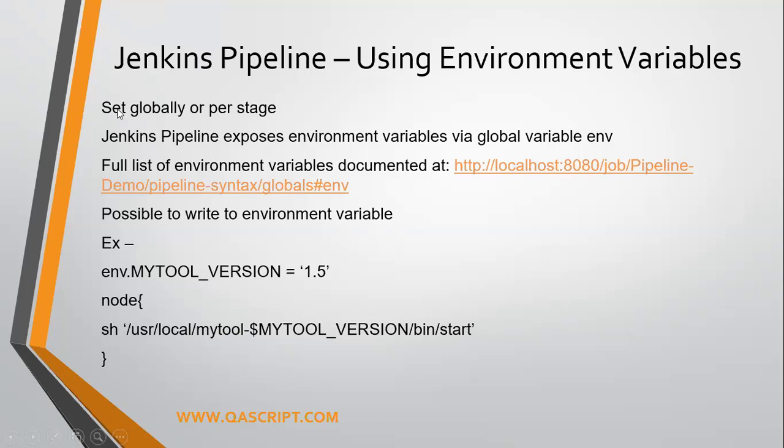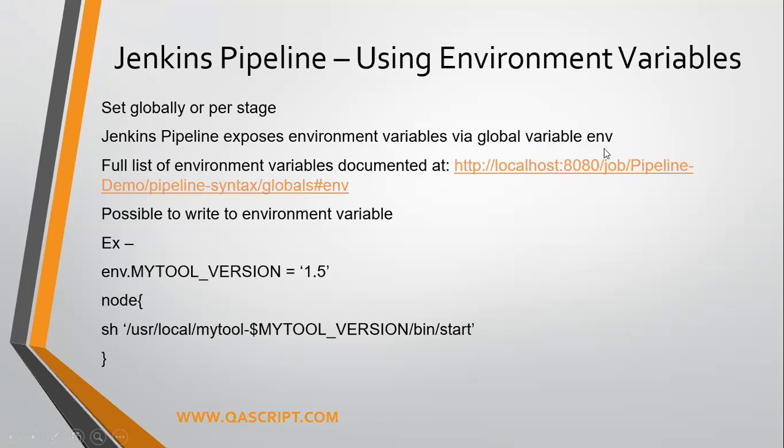In a pipeline, variables can be set globally or per stage, which means global variables will be accessible throughout the pipeline, and the variables which are defined in a stage will only be accessible within that particular stage, right?